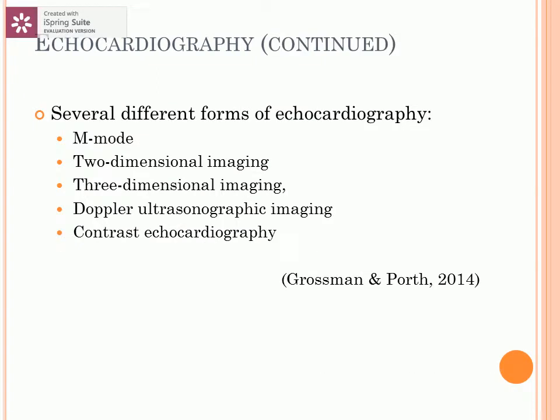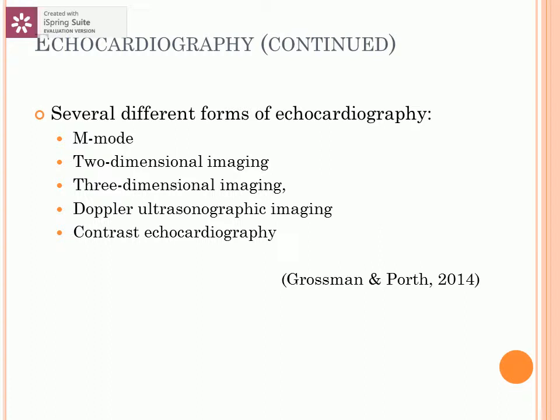There are several different forms of echocardiography. There's M mode, which is the earliest form of echocardiography. It uses a stationary ultrasound beam to produce a one-dimensional view of the heart. Two-dimensional imaging, as the name suggests, uses a moving ultrasound beam to produce an integrated view of the heart, and multiple pie slice, if you like, shaped images.